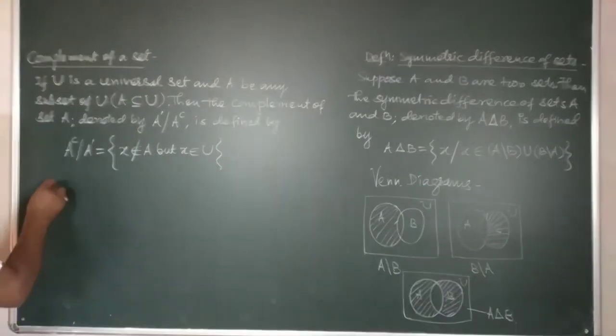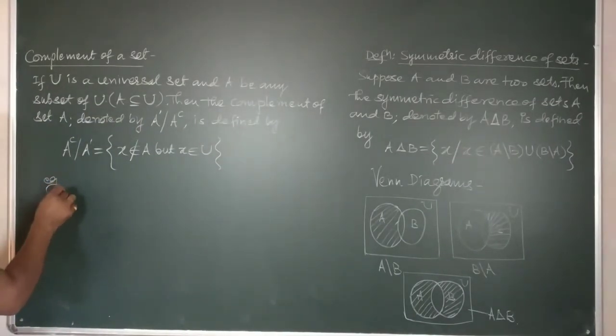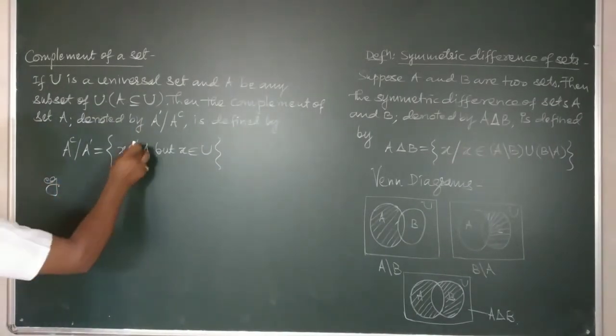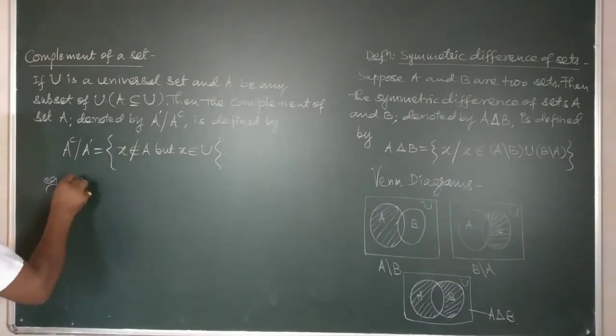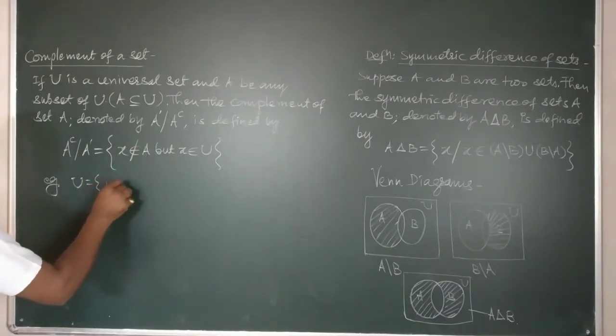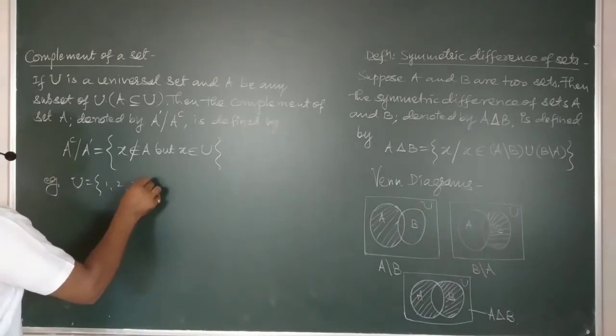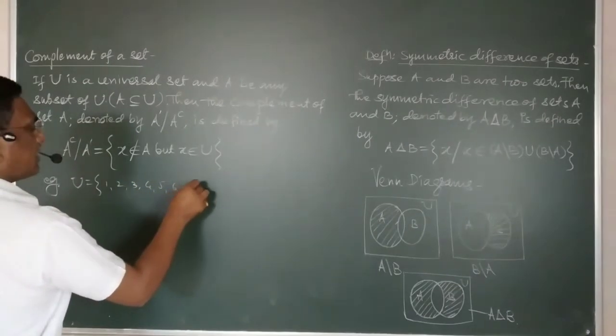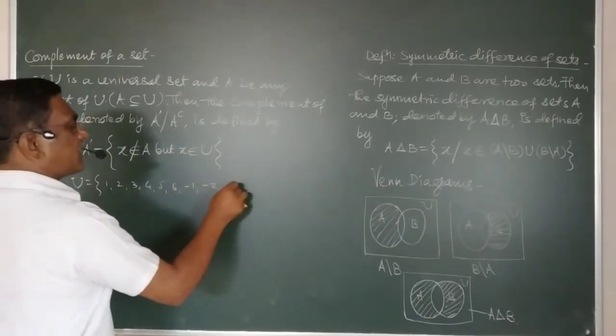For example, let me write U equal to 1, 2, 3, 4, 5, 6, minus 1, minus 2, minus 3, minus 4.